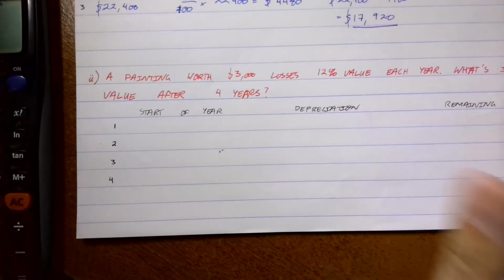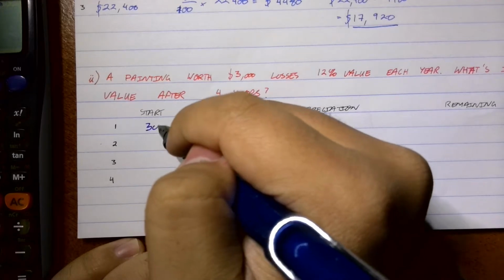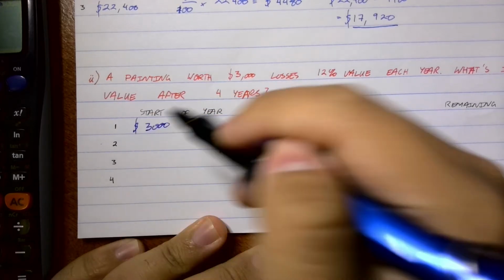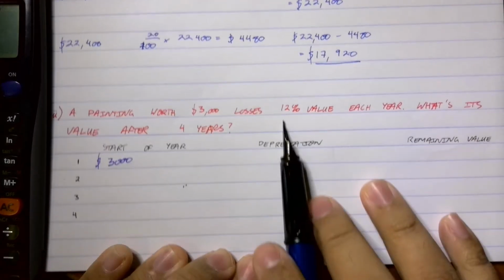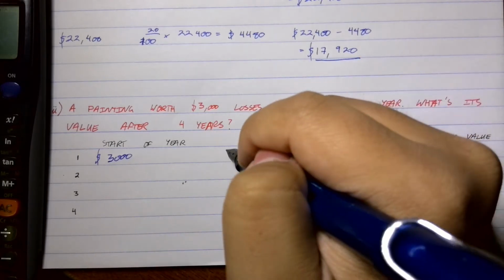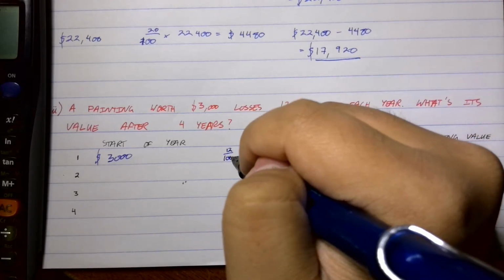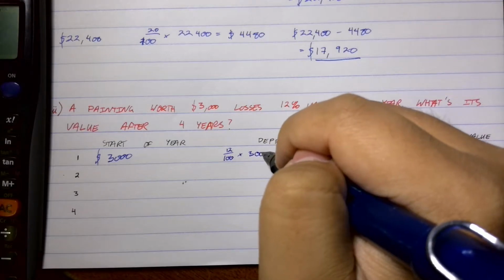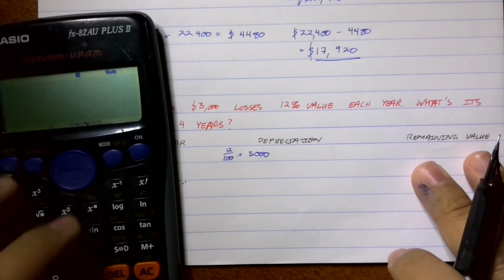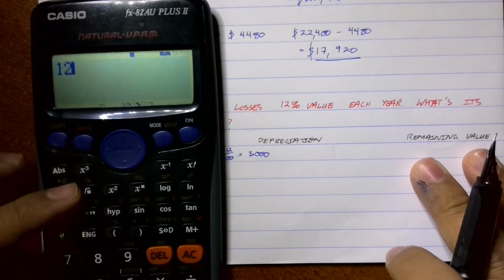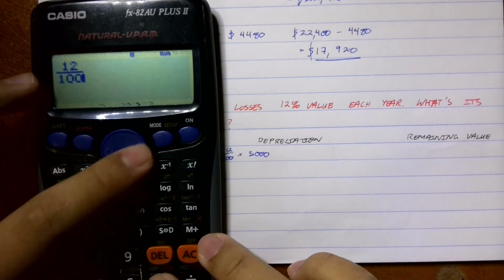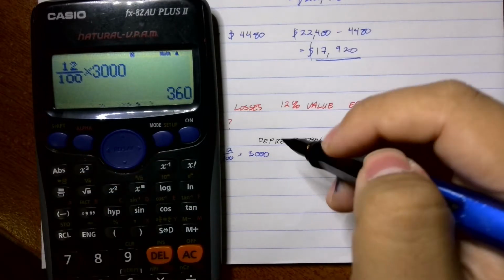Here we go. At the start of the year, it's worth $3,000. It will lose 12% of 3,000. So 12 over 100 times 3,000.